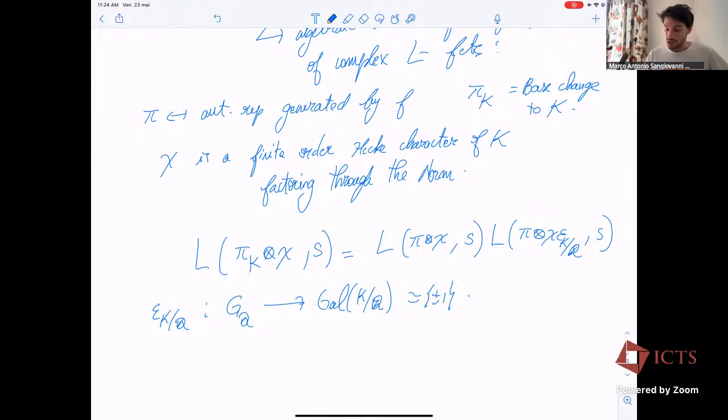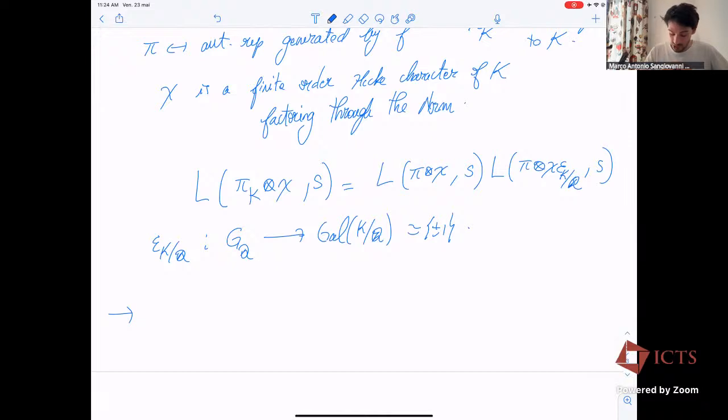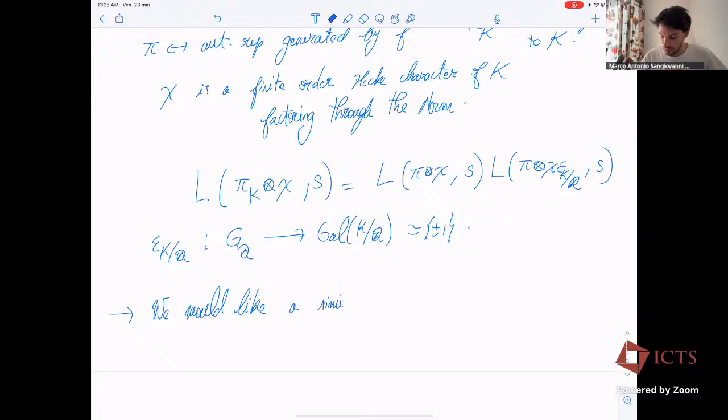Okay, so the point of this project is we would like a similar relation of Euler systems that expresses algebraically the factorization star.